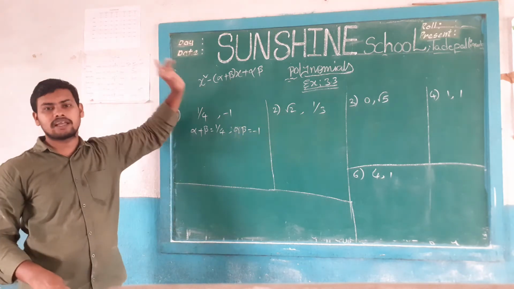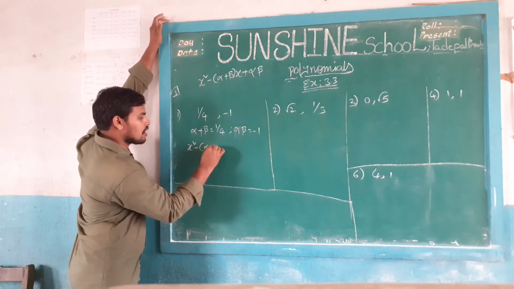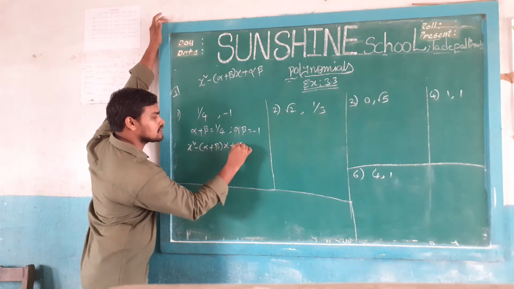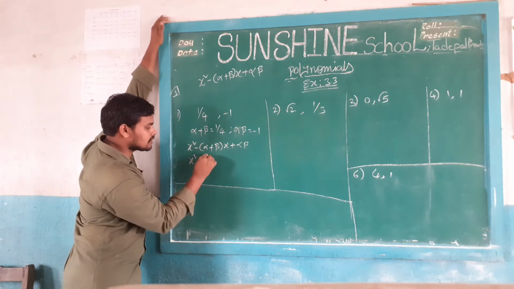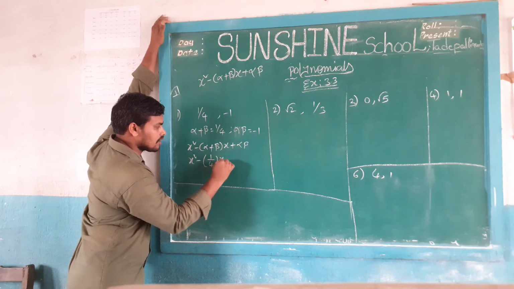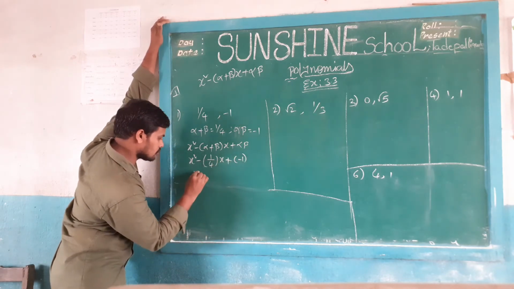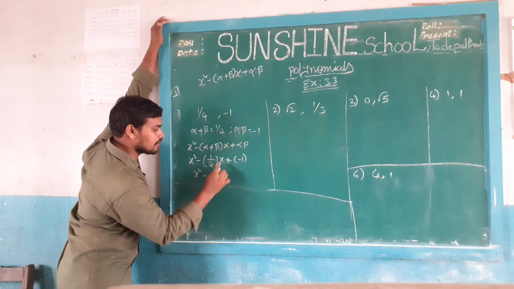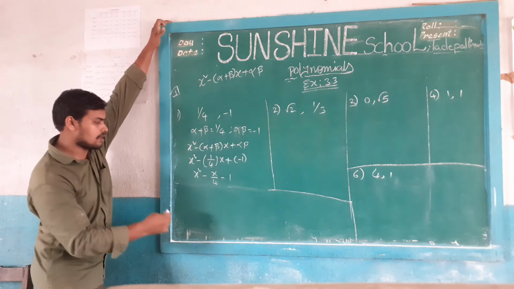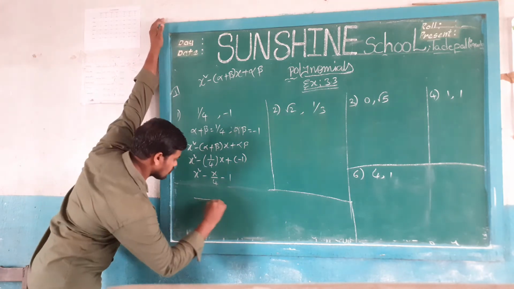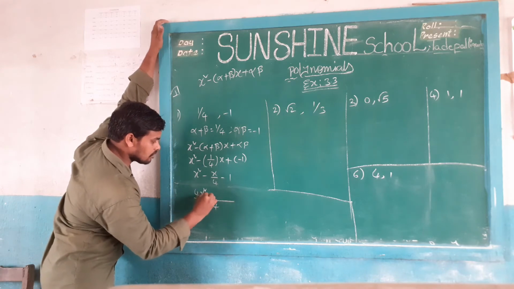Substitute these two values in the formula: x square minus 1 by 4 x, plus minus 1. So what is the LCM of these numbers? 4. So 4 into x square, 4x square minus x.